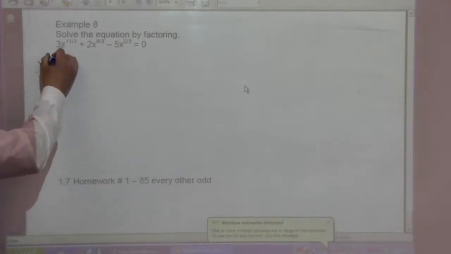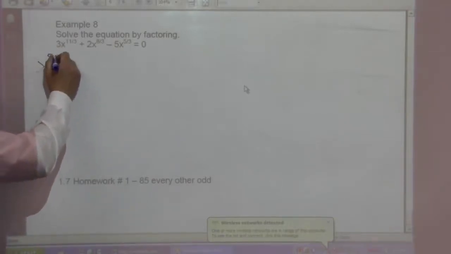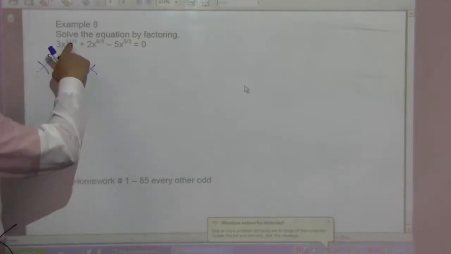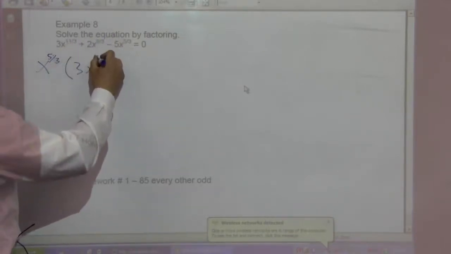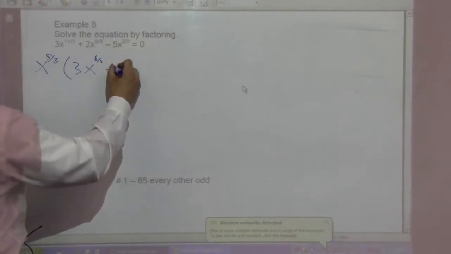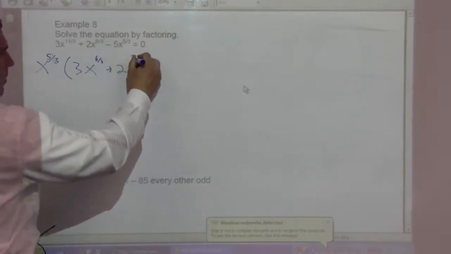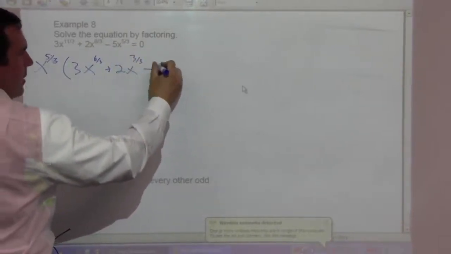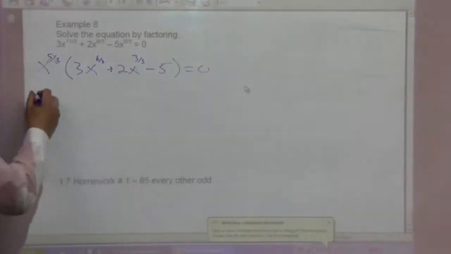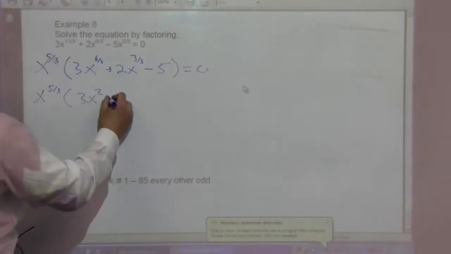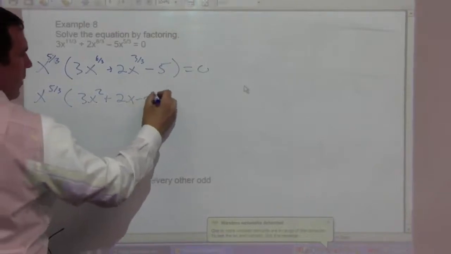So I could factor that out: x to the 5 thirds times 3x to the 11 thirds minus 5 thirds, which is 6 thirds, which is 2, plus 2x to the 8 thirds minus 5 thirds, which is 3 thirds, which is 1, minus 5. So it's x to the 5 thirds times 3x squared plus 2x minus 5.